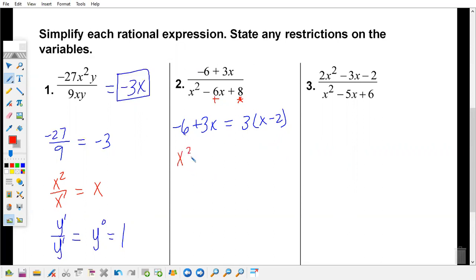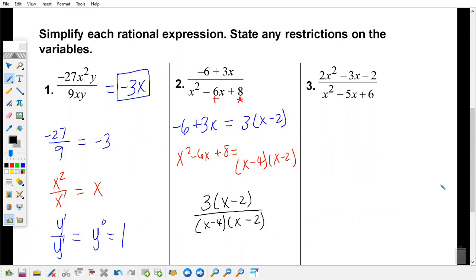So x squared minus 6x plus 8 is going to factor out to become x minus 4 times x minus 2. So I'm going to rewrite this. Now I have in the numerator 3 times x minus 2, divided by x minus 4 times x minus 2.